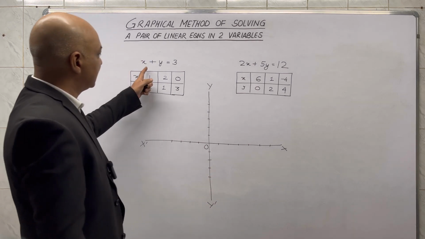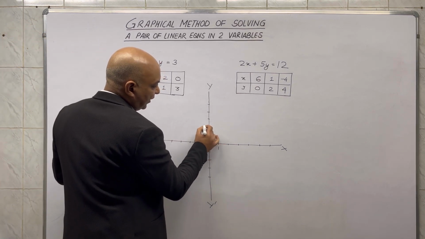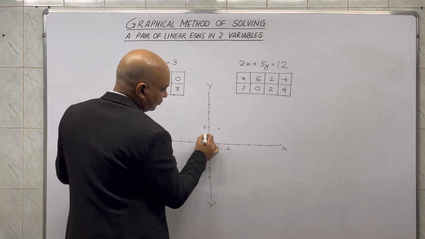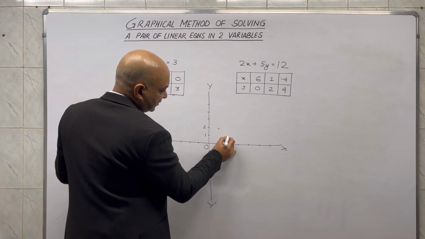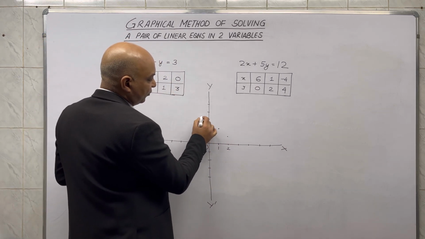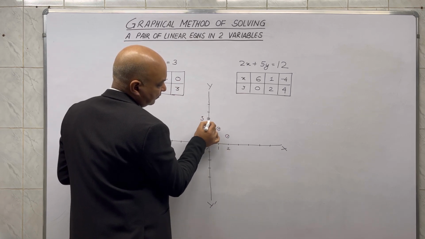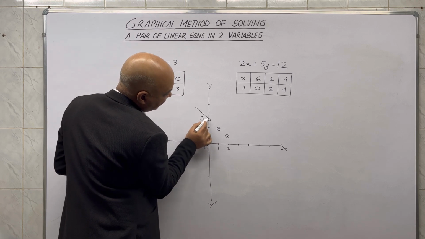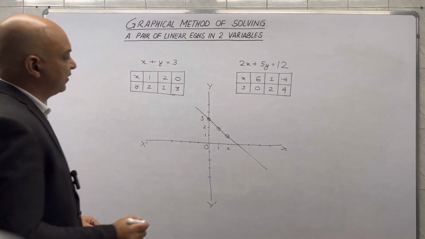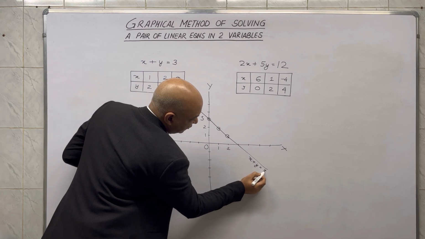First I'll plot x1, y2, which is this point, x2, y1, which is this point, and x0, y3, which is this point. If I join these three points, I'll get my graph of x plus y equal to 3.